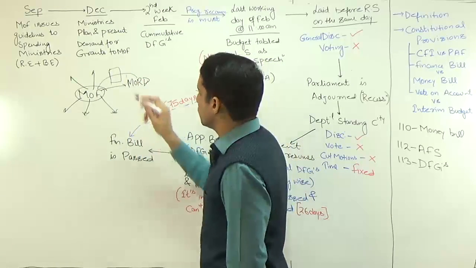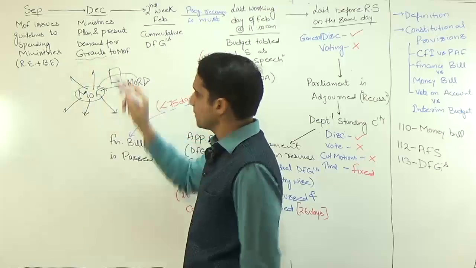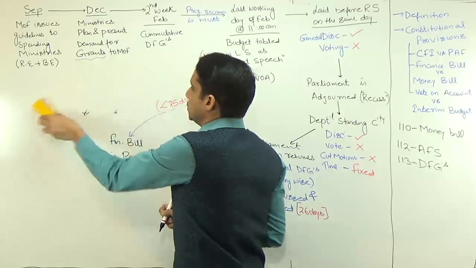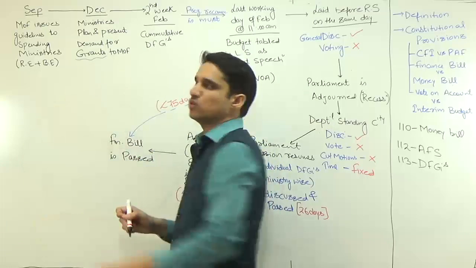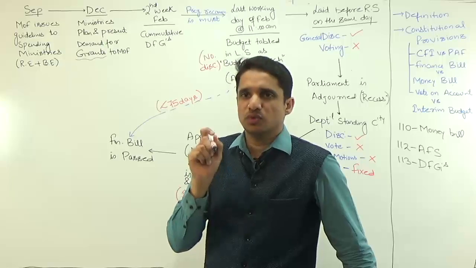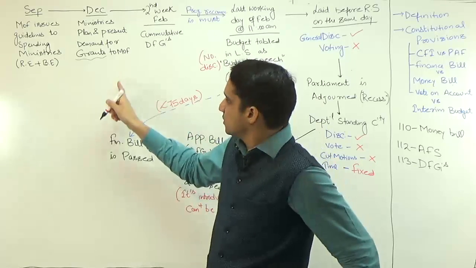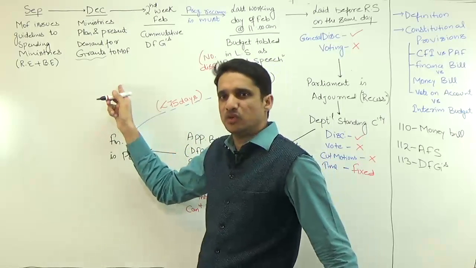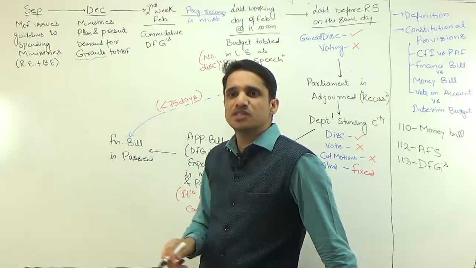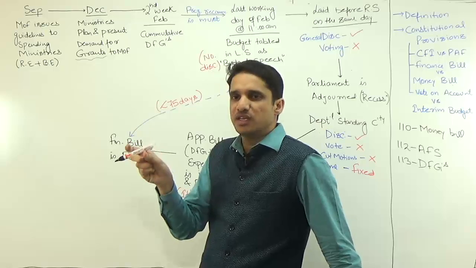Now the question comes, why is the word grants used? The difference between grants and loan is you have to return the amount of a loan, but in case of grants you don't have to return anything. It means the Ministry of Rural Development is going to use whatever money is allocated by the Ministry of Finance for that financial year.